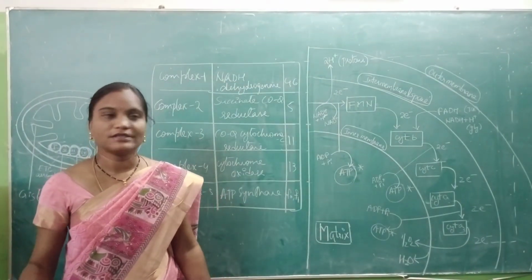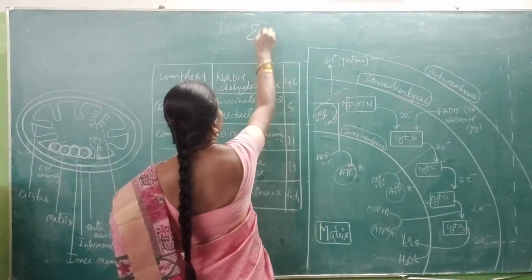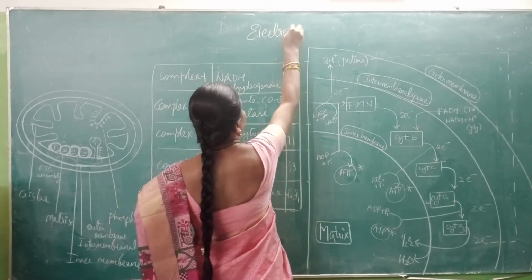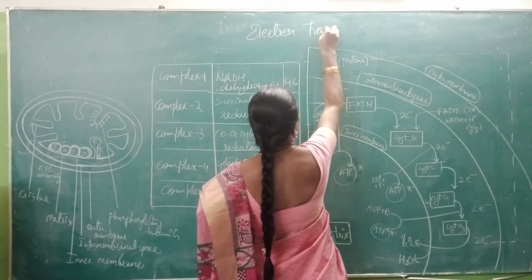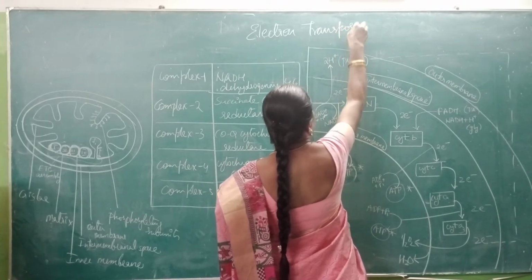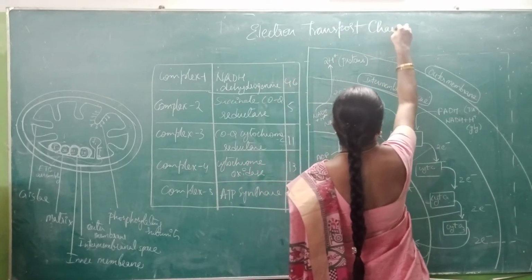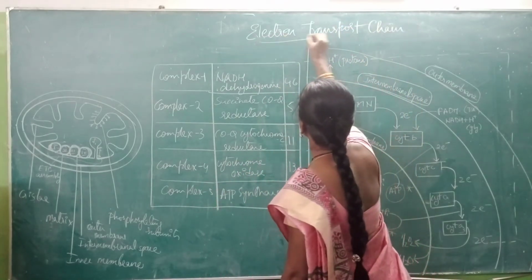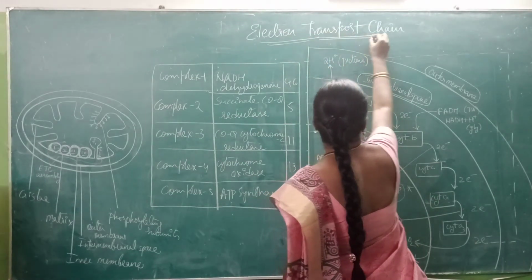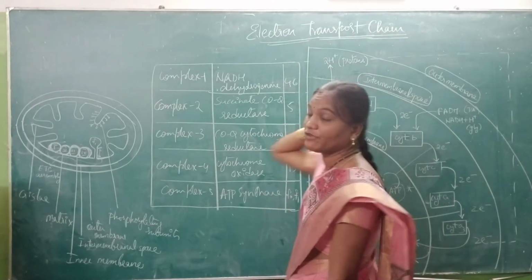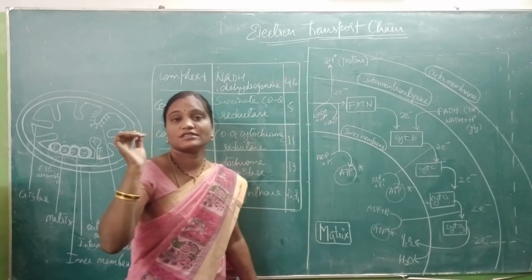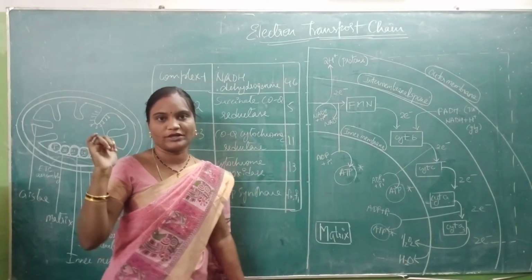Today we are going to learn about the electron transport chain. Already I have explained to you in your previous sessions about mitochondria and the structure of mitochondria, isn't it?